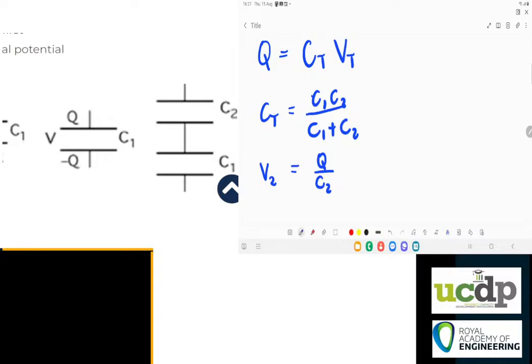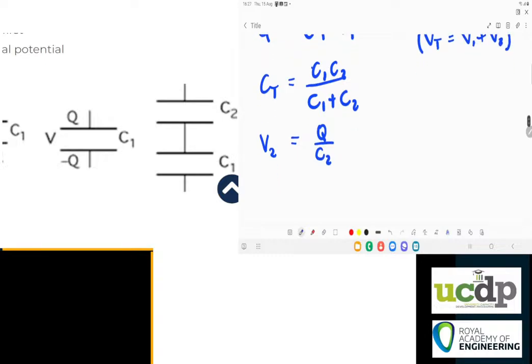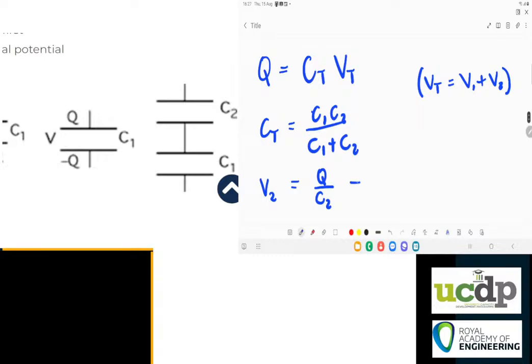Yes, sir. Okay, so if we were to substitute, we replace the Q with CT times VT. VT is basically V1 plus V2 in this case. So we can say VT equals V1 plus V2. So we can now have an expression for V2. First substitute for Q, it's CT times VT over C2.